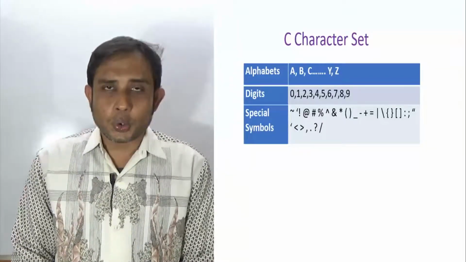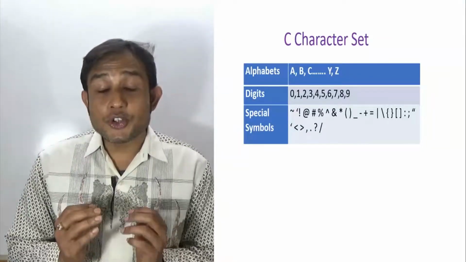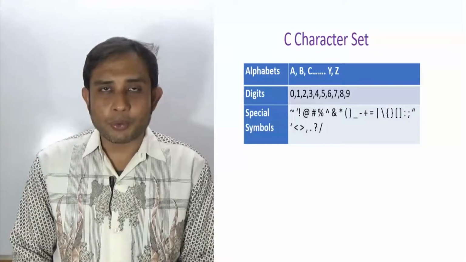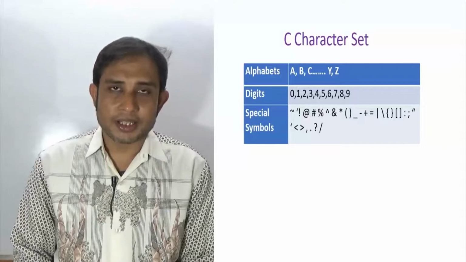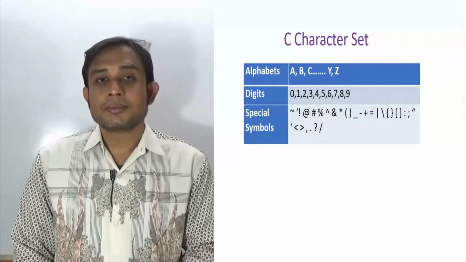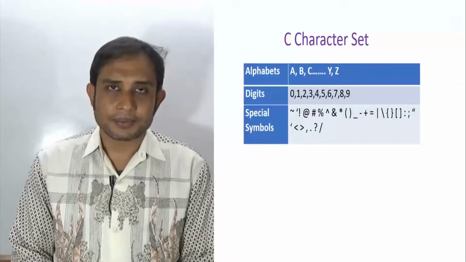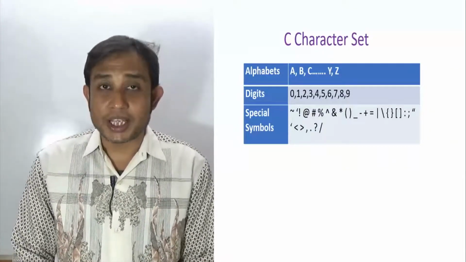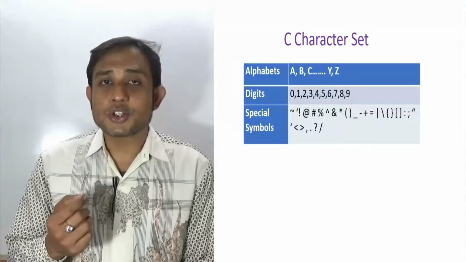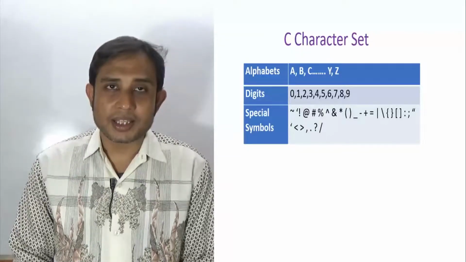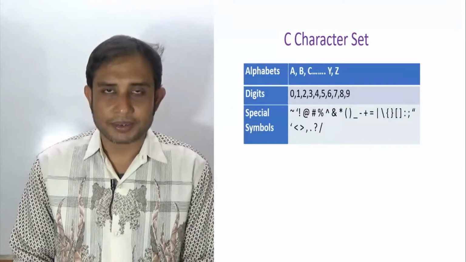Now the token. A token is the smallest individual unit of any C program, and there may be keywords, identifiers, constants, strings, operators, etc. One of the tokens is the identifier. Now what is an identifier? An identifier refers to the name of a variable, function, or array which is written within a program by a programmer.